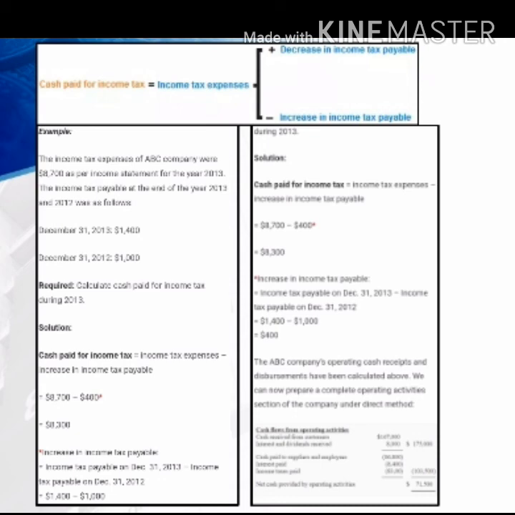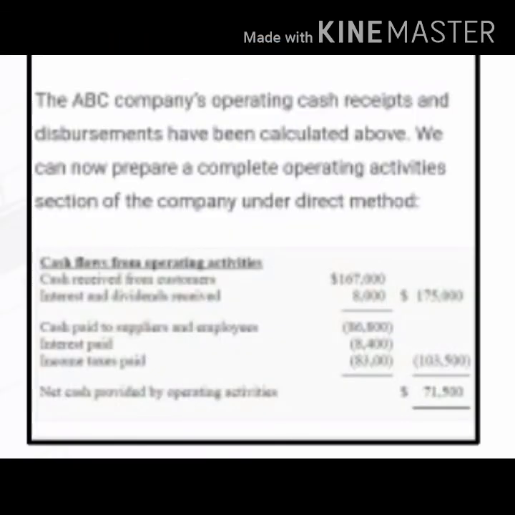So it has a total of $103,500. We should now deduct the cash paid from the cash receipts. So we have here the complete cash flows from the operating activities under the direct method.